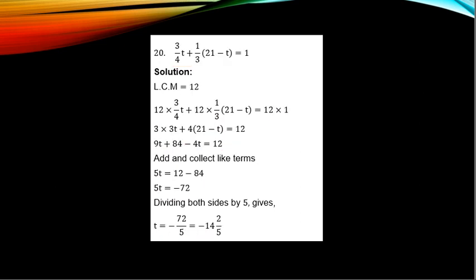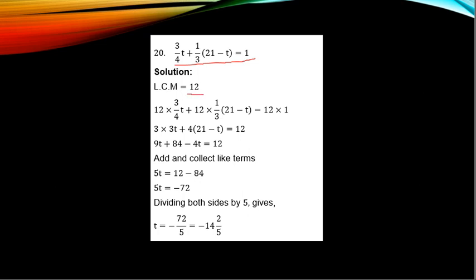Example 20. You have 3 over 4 t plus 1 over 3 bracket open 21 minus t bracket close equal to 1. You clear the fractions by multiplying each term by the LCM 12.